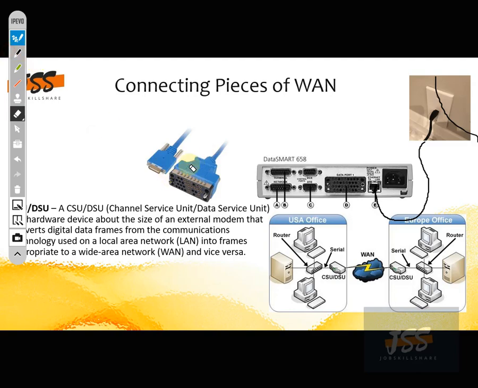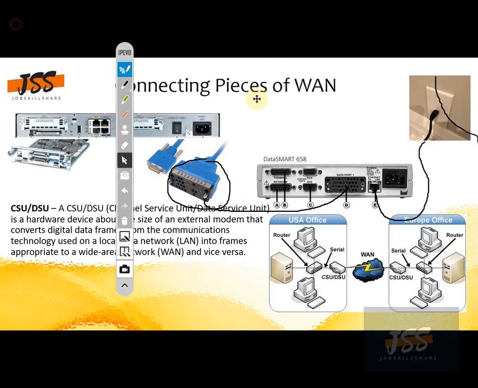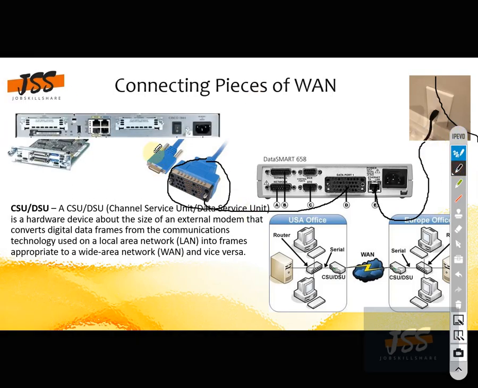One part of this will be connected here, and this other part, which is a serial connection, will be connected here. So this is how your CPE, customer equipment, basically will be connected.